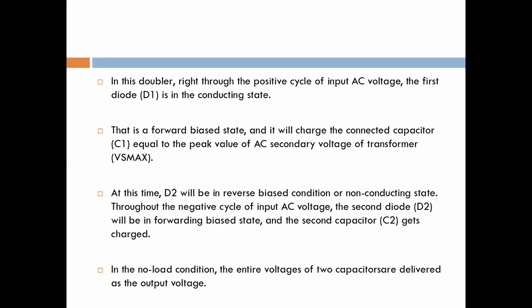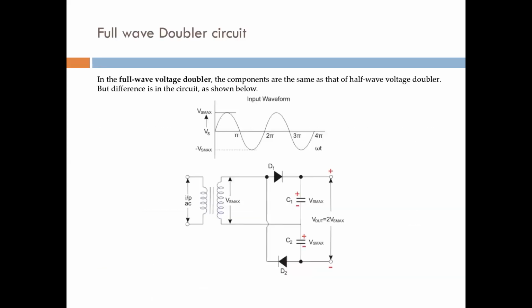Now, in the negative cycle, the second diode D2 is forward bias, so C2 is fully charged. This is when D2 is forward bias in the negative cycle.